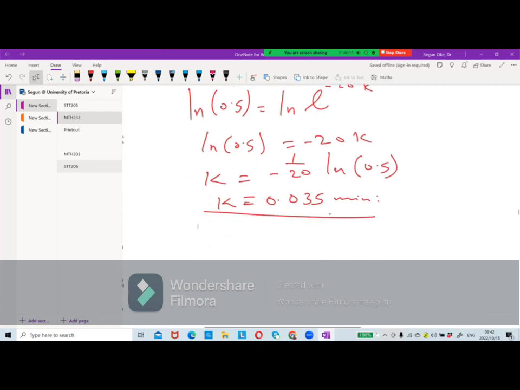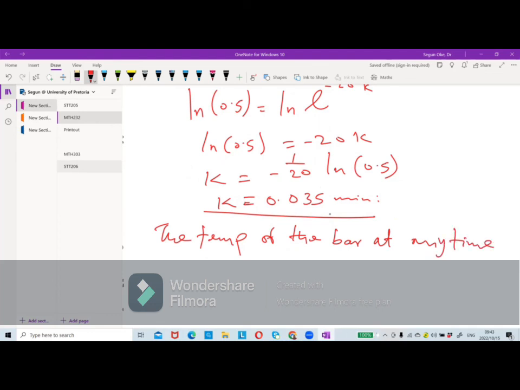Now go back to your equation 2. We can now say the temperature of the bar at any time, remember, you don't know that time. As a matter of fact, we are not supposed to put minutes here.